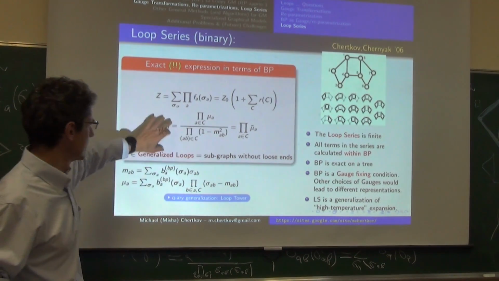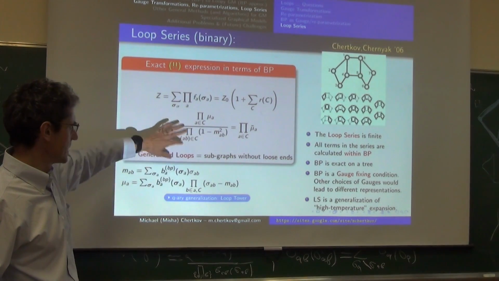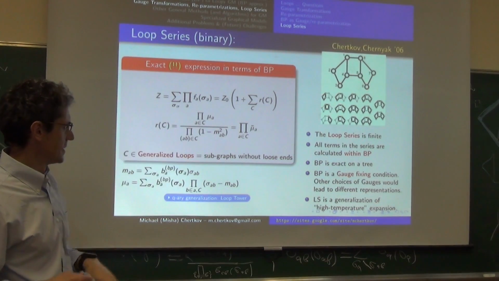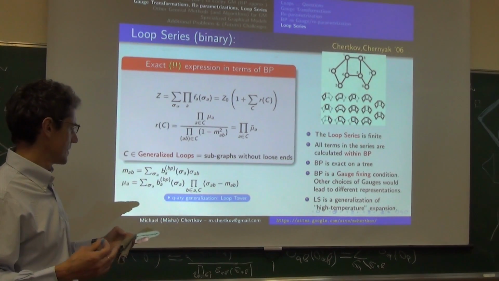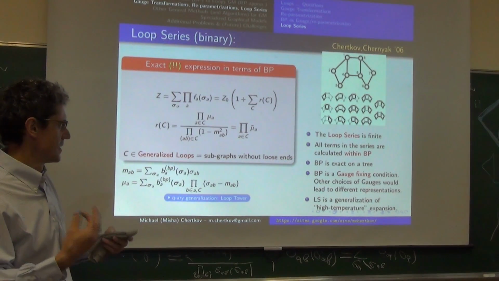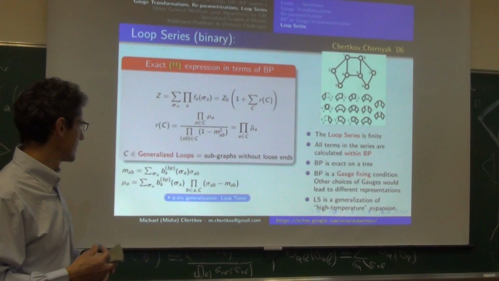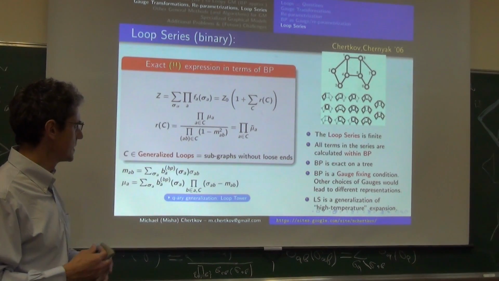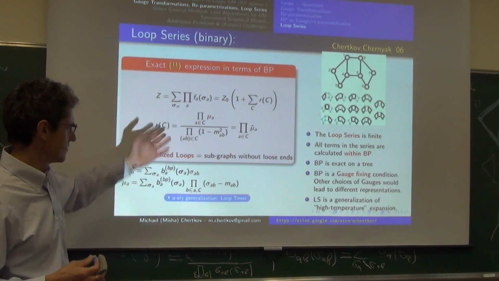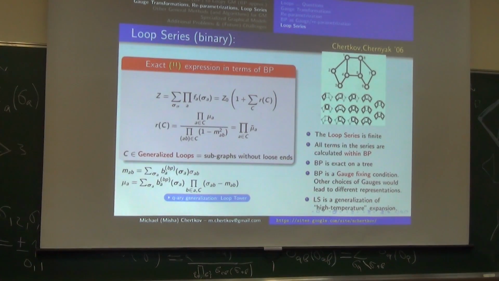So R_C has a very simple explicit format, and it may be basically expressed through marginals, through expectations which you compute with the belief propagation beliefs, those B's. Yeah, so that's a nice formula. And we'll be discussing later on how to use this formula, but for now, that's the main message.